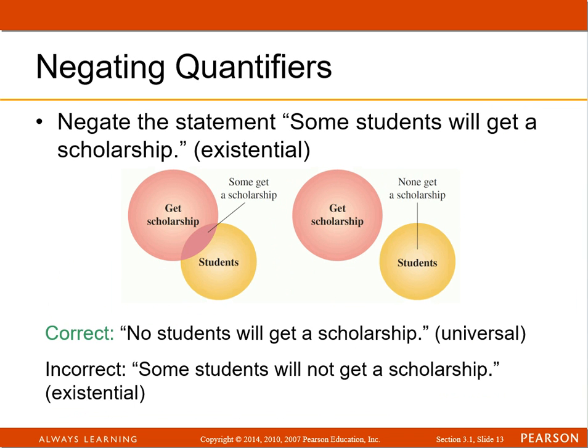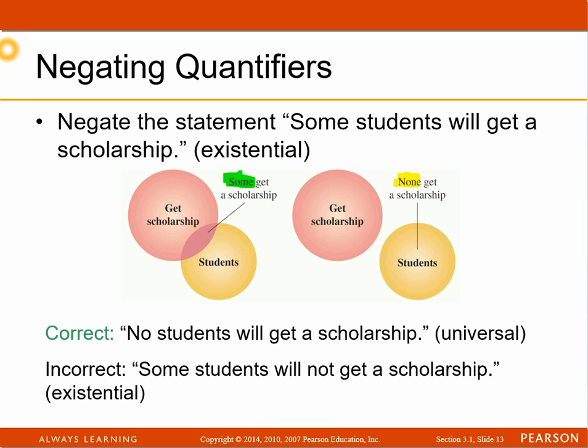Now, if you want to negate some, which is existential, I guess you could go back from some to all, but most of the time it's some to none, because you're saying some students get a scholarship. By pulling these two circles totally apart, you're going from some to none, which technically is universal.